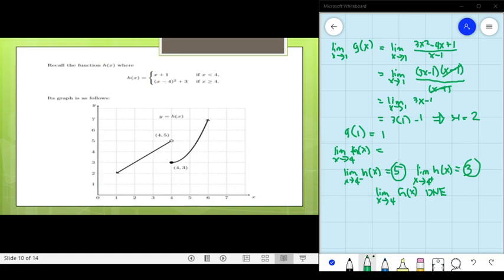Okay, so let us use the example we have in our previous slide, that h of x is equal to x plus 1 if x is less than 4, and quantity x minus 4 squared plus 3 if x is greater than or equal to 4.